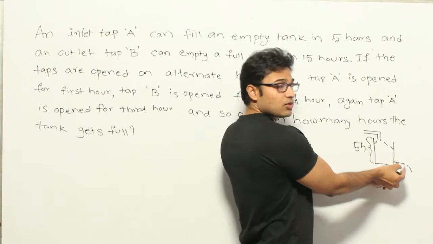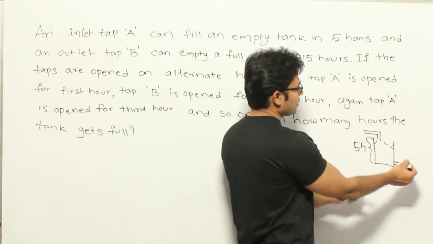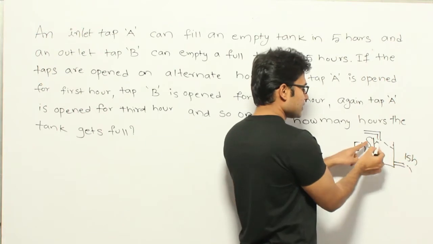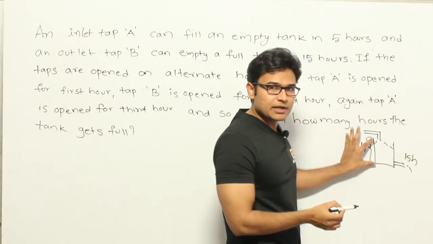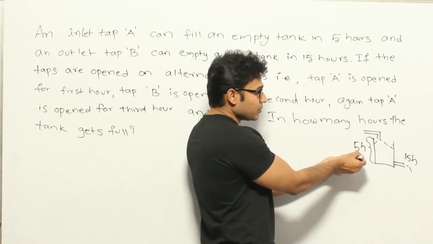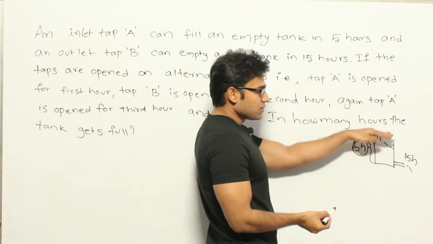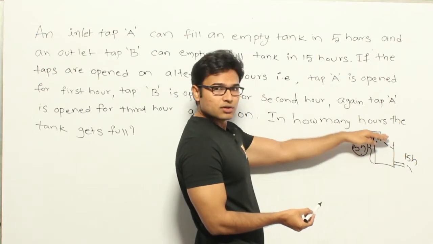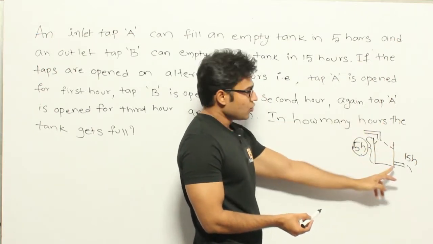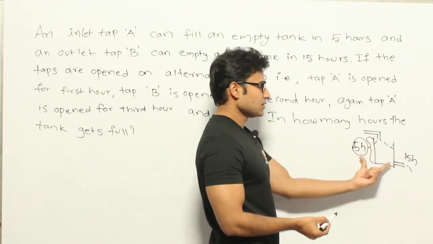If you open only the outlet tap on a full tank, it will be able to empty the full tank in 15 hours. When the tank is completely empty, the inlet tap can fill it in 5 hours, assuming that it is operating alone. And if the tank is full and there is no inflow, if you open the outflow, it will be able to empty it in 15 hours. That is what is given.